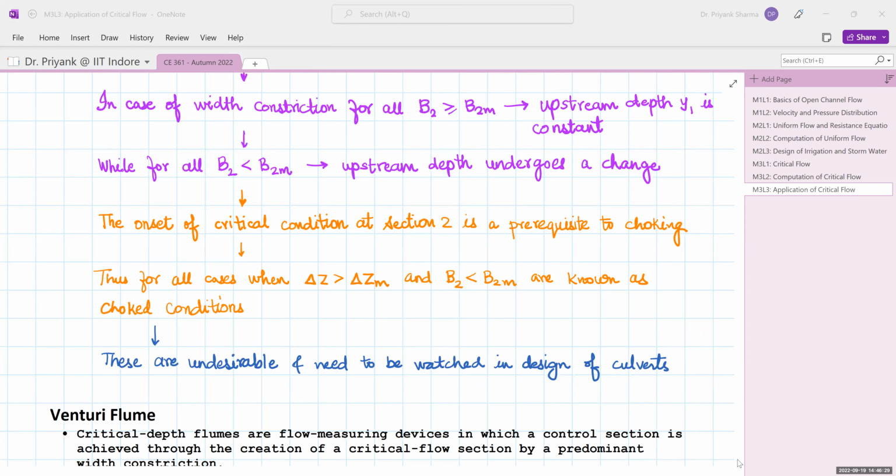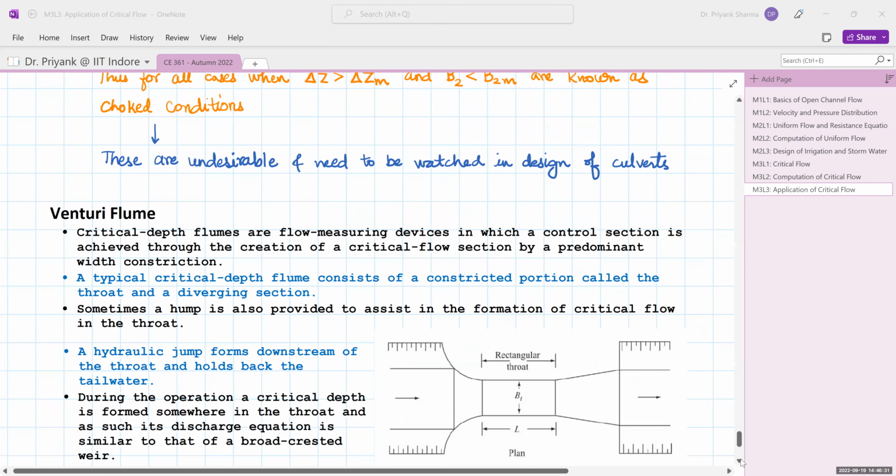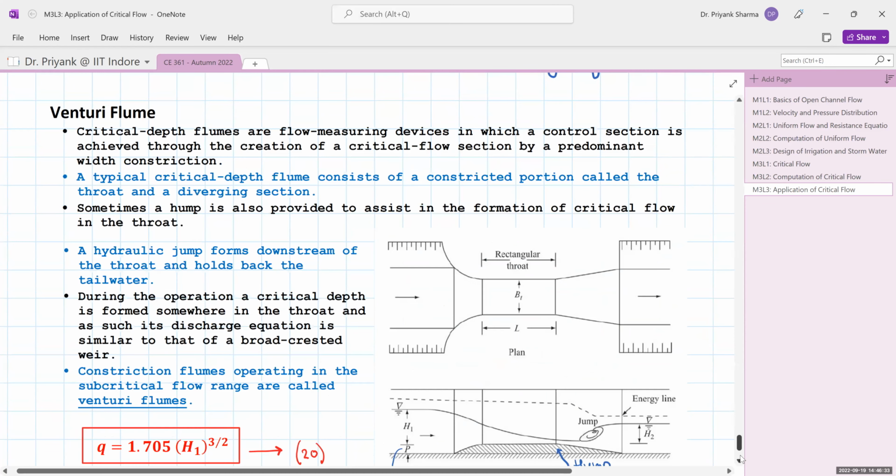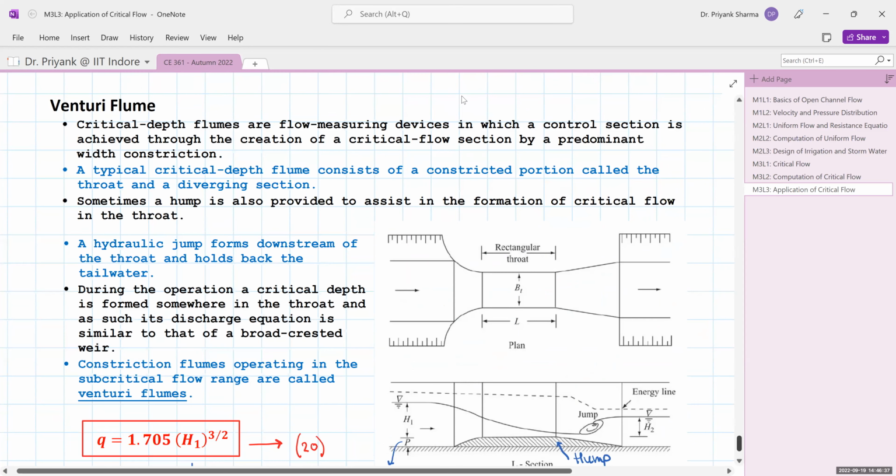Coming to the last part, the application of width constriction in flow measurement. As we discussed, the Venturi flume is a case of a critical depth flume. In a critical depth flume, the control section is achieved, that is a specific depth-discharge relationship, by width constriction.